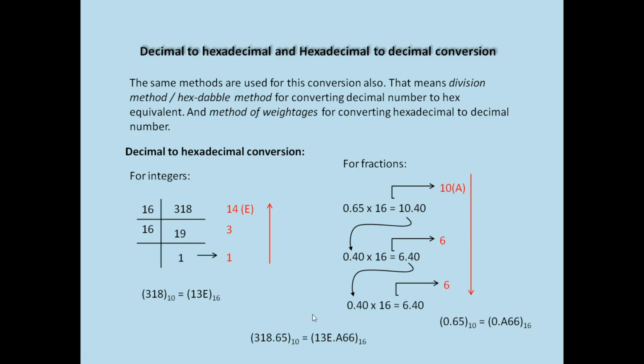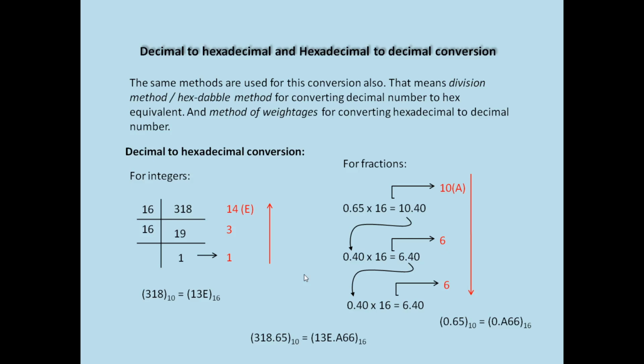And totally, 318.65 in decimal is equal to 13E.A66 in hexadecimal, right? So in this way, decimal is converted to its hexadecimal equivalent.